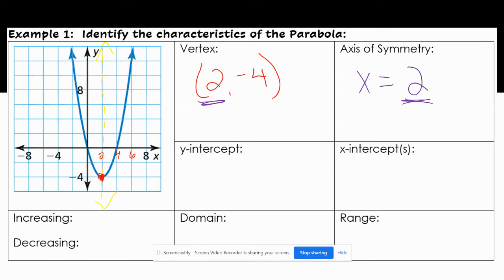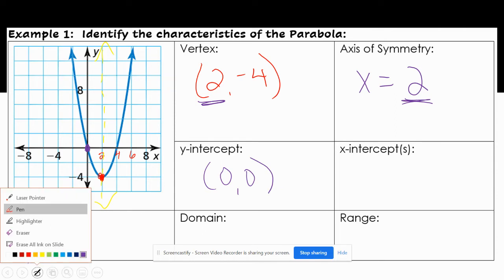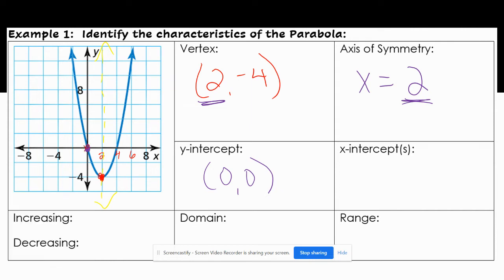Our y-intercept, we can see, is right over here at 0, 0. The x-intercept is where the graph is touching the x-axis. And so I see it touching the x-axis in these two places here, at 0, 0 and 4, 0.